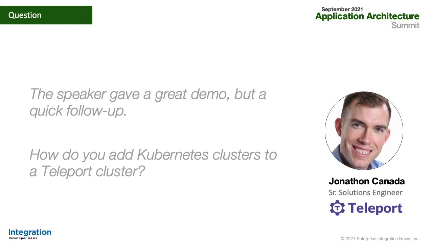Once that's established, that Kubernetes cluster will appear as part of your Teleport cluster, just like you saw in my demo where I had those 3 Kubernetes clusters. And then when some user issues their kubectl commands against that Kubernetes cluster, Teleport is proxying all of those requests and capturing all those audit logs.